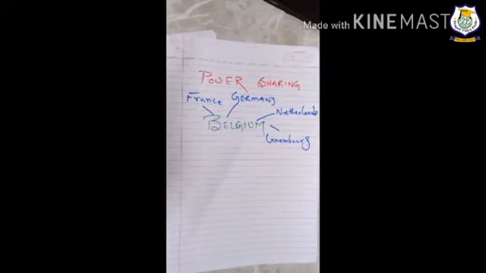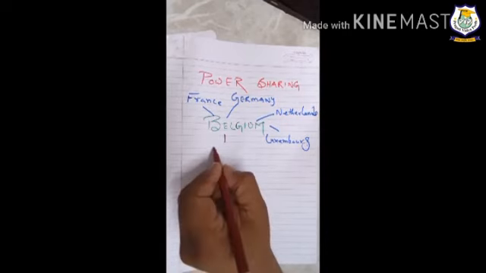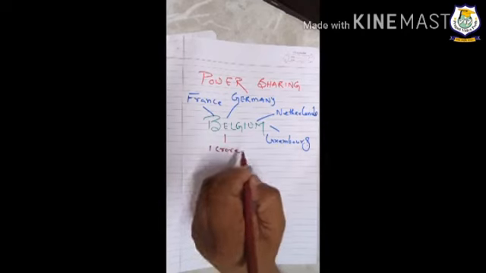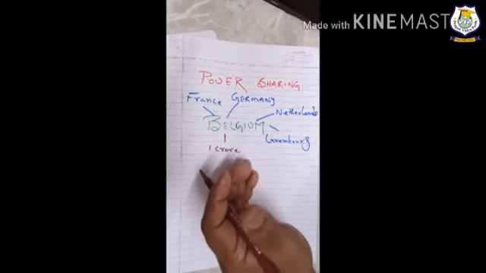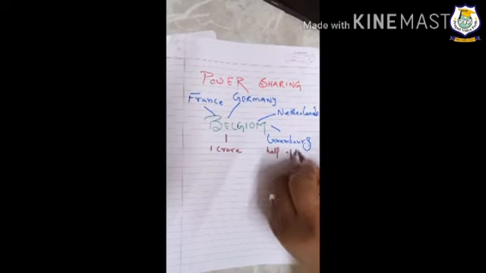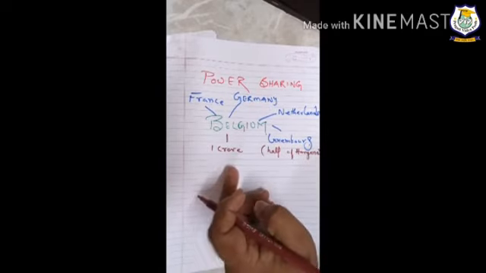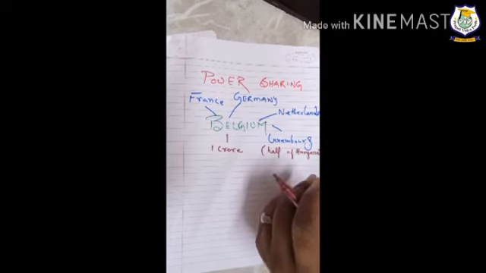It is a small nation which has a population of about just 1 crore. And if we compare it with India, it is just half of one of our states, Haryana. Imagine a nation's population and the population of one of our states.